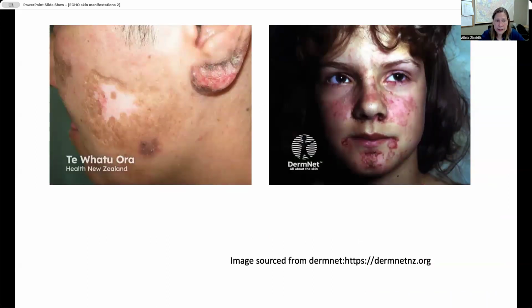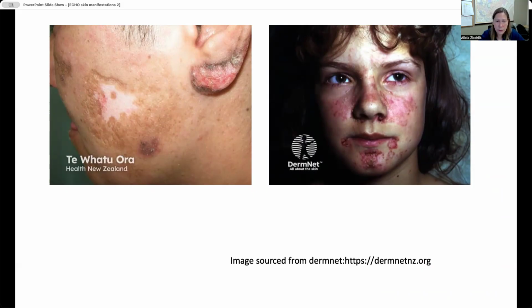Next slide, please. And here's a couple more pictures of the discoid lupus, and you can see both the hypopigmentation, the scarring, and then hyperpigmentation. And these are significant rashes for people, and definitely a challenge for them.